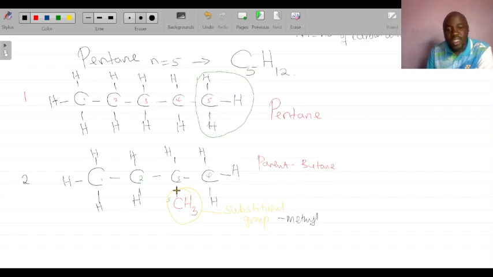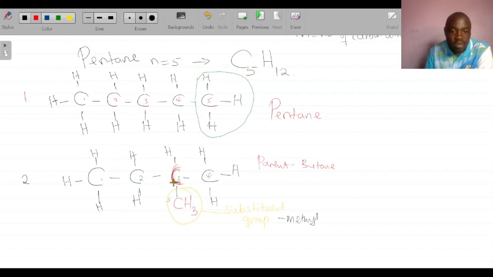So we need to go ahead and assign its position. And assigning position, we must be able to establish what is the lowest position of our substituent group from either side on the longest continuous carbon chain. We can see that from our right hand side, it is attached to this carbon.